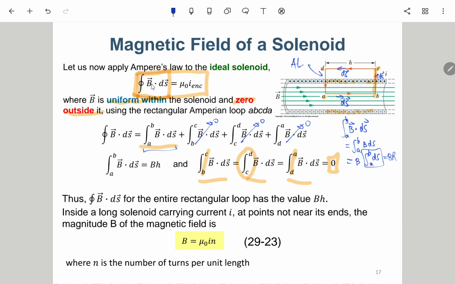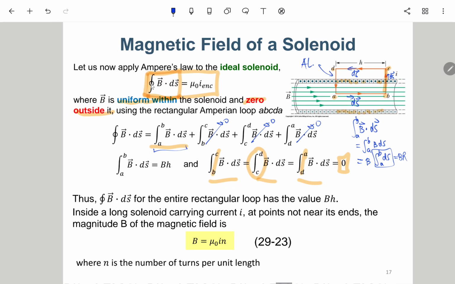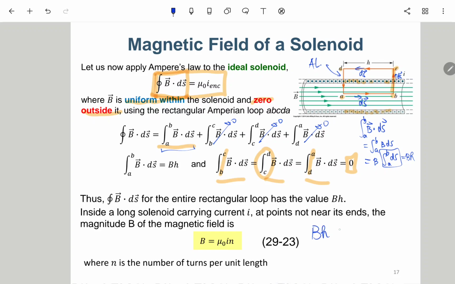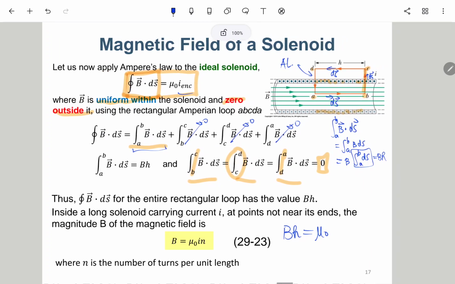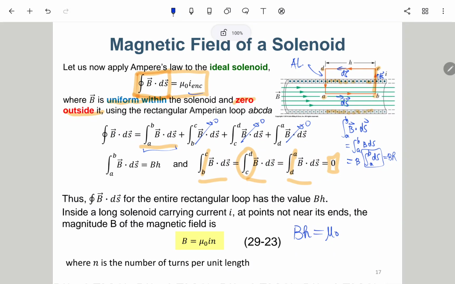So on the left side we have Bh, which equals mu 0 times I enclosed, which will be I times n times h.